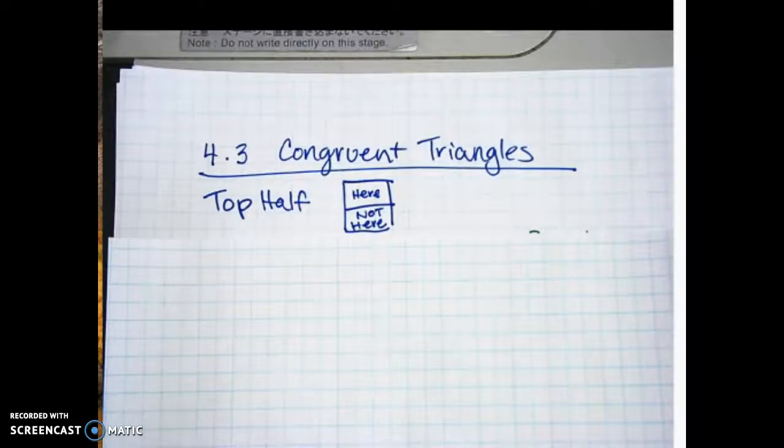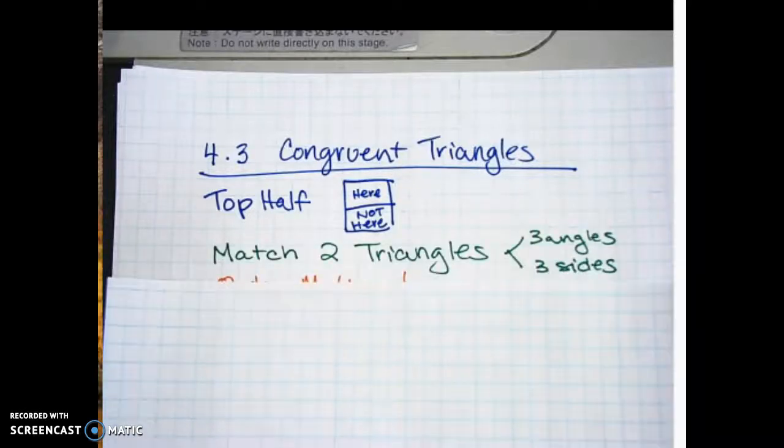Okay, so now we're going to start getting into the meat of the chapter. And what basically happens is, instead of just looking at one triangle, now we're going to be looking at two triangles and comparing them. Once you start comparing two triangles, you're going to either say, yes, those two triangles are congruent, or no, those two triangles are not congruent. And if they are congruent, you're going to be matching the two triangles up.